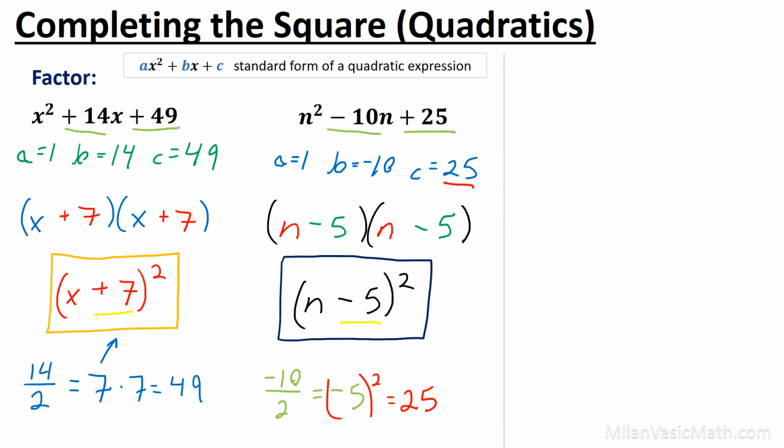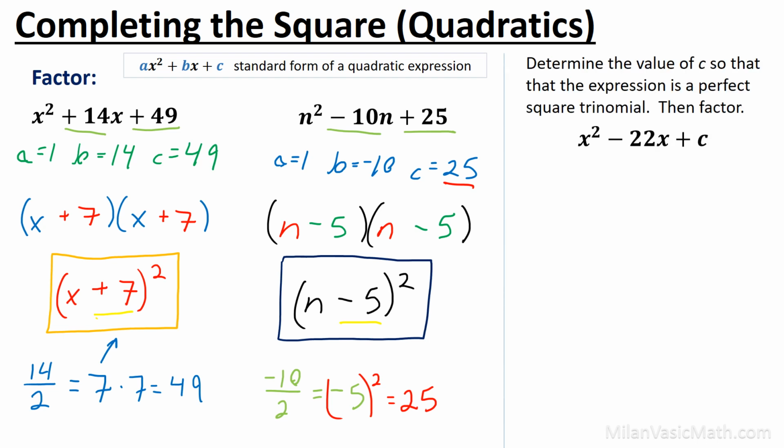So using that information, let's determine the value of c so that the expression is a perfect square trinomial that we're going to factor. So a should be 1 for these types of examples that we do. And the b coefficient is negative 22.